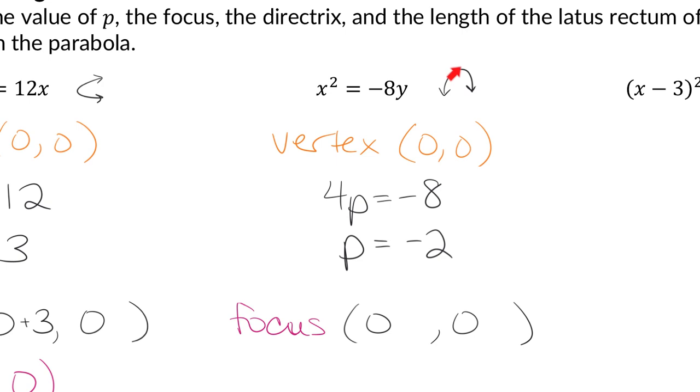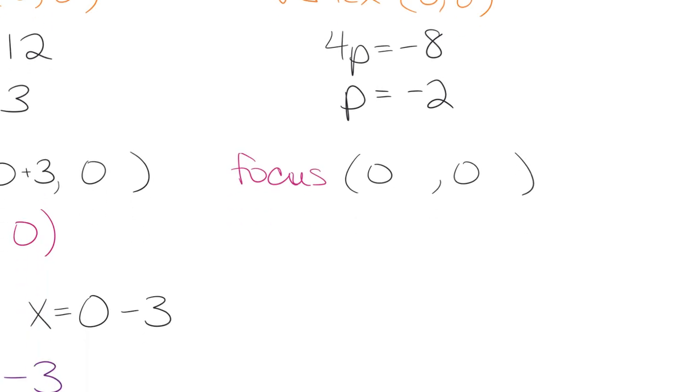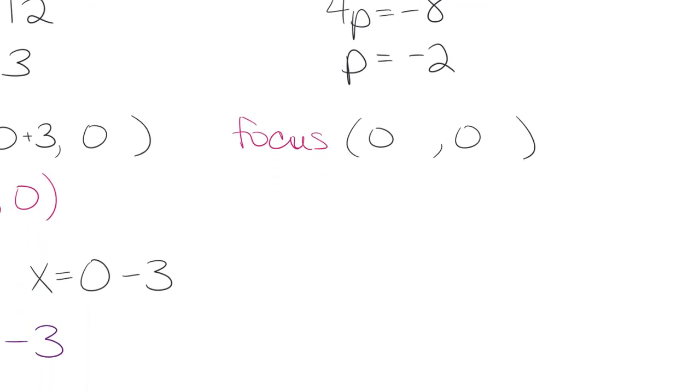So are we adding the number -2 to the x coordinate or the y coordinate? The y coordinate. Now I'm going to write plus -2 on purpose so that when you look back at your notes later, it is always plus. You just might be adding a negative number. Clearly that's just subtraction, but it's always adding whatever that number is. So that means our focus will be at the coordinate point 0, -2.